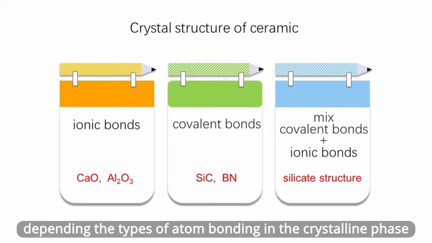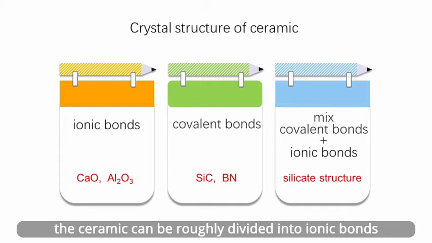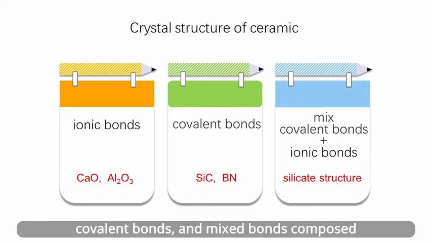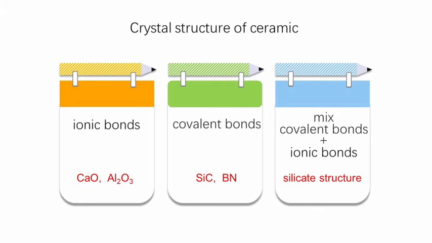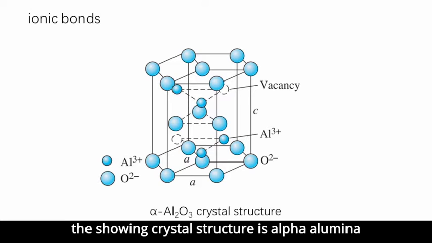The answer to this question can explain why ceramic materials have high elastic modulus, high hardness, and high melting point. Depending on the type of atom bonding in the crystalline phase, ceramics can be roughly divided into ionic bonds, covalent bonds, and mixed bonds composed of ionic and covalent bonds. For each type of atom bonding, we will give an example of its crystal structure. The crystal structure shown is alpha alumina.